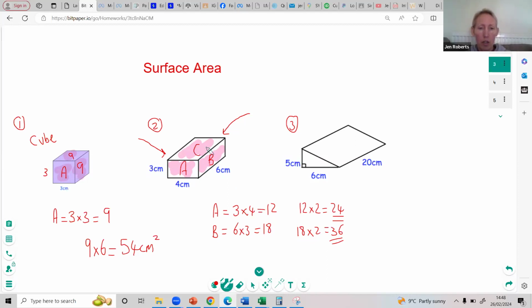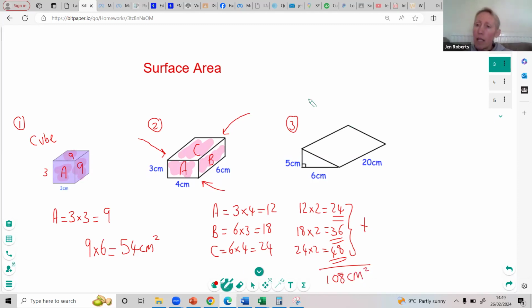This is a rectangle, base of 6, height of 4. So the area of that rectangle is 24 centimeters squared. That's the same one as this bottom rectangle here you can't see. So we're going to double 24 to get 48. Now to get the total surface area, we need to add up these values, which gives us total surface area of 108 centimeters squared.